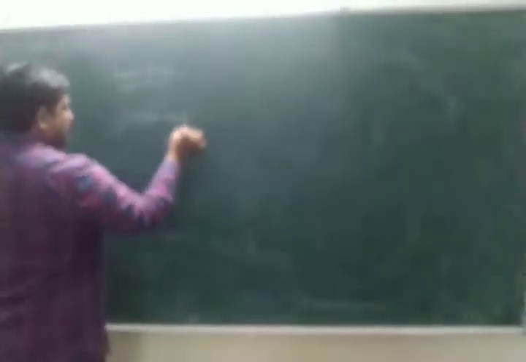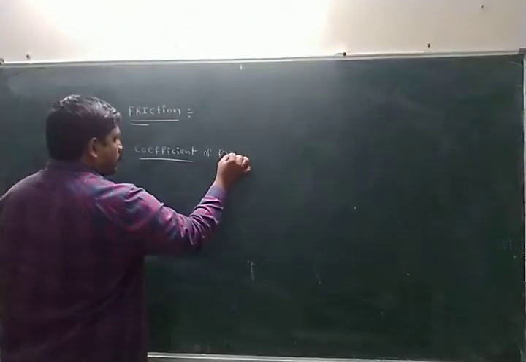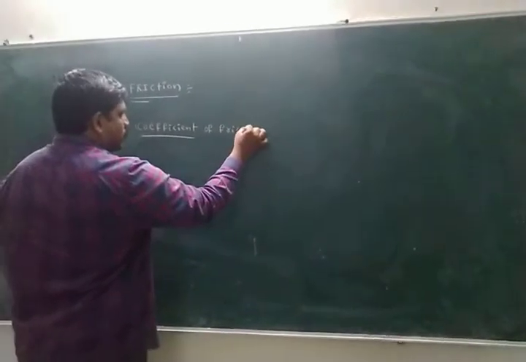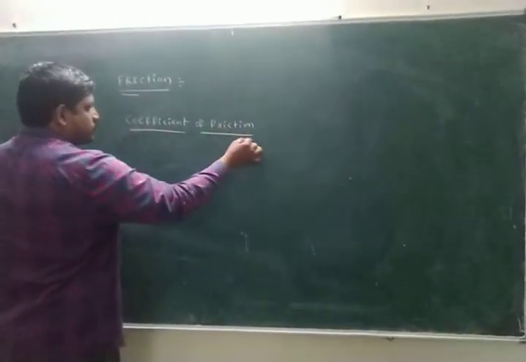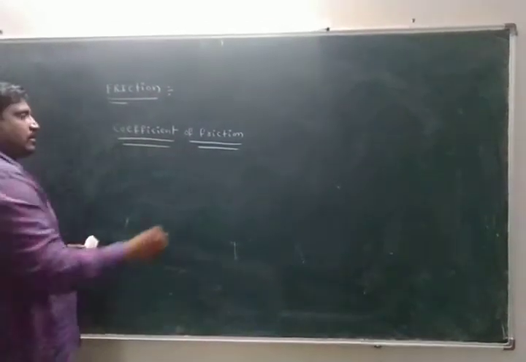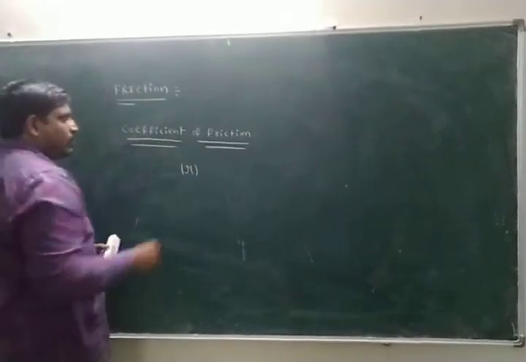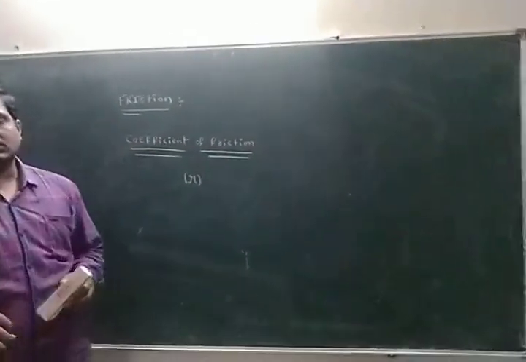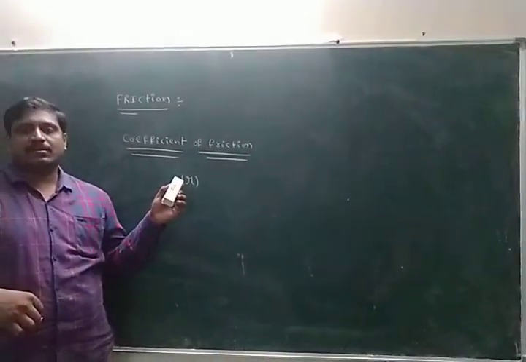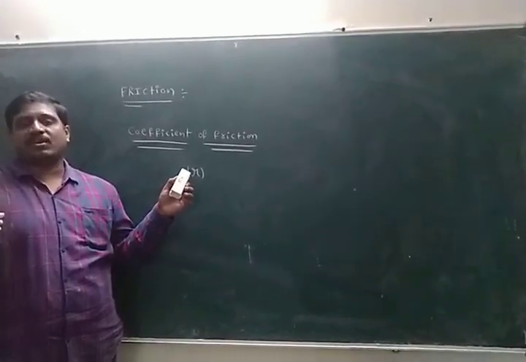Coefficient of friction. Coefficient of friction is denoted by mu. What is the use of the coefficient of friction? If the mu value is more, that surface is more rough.